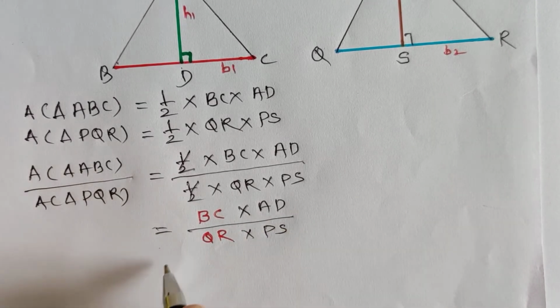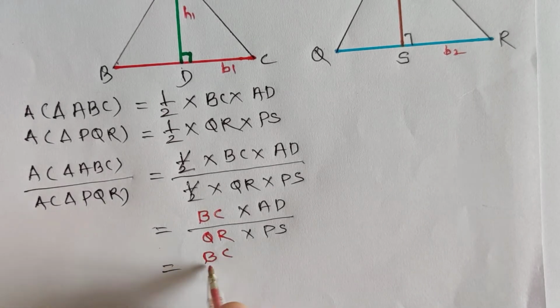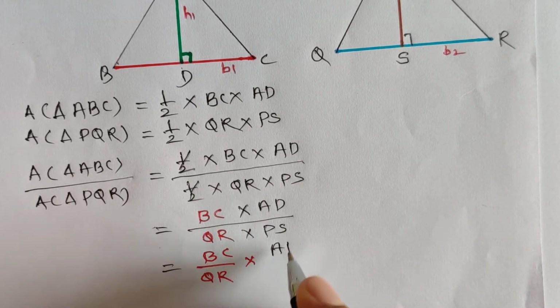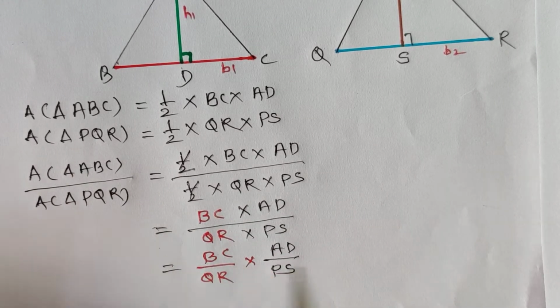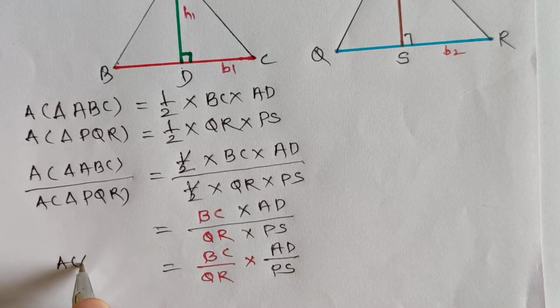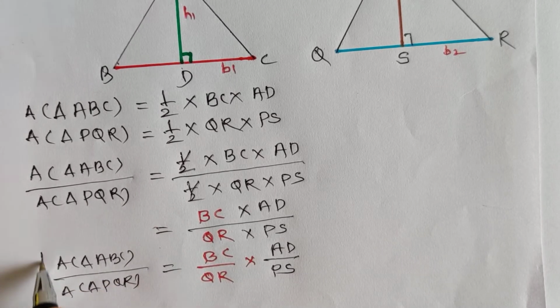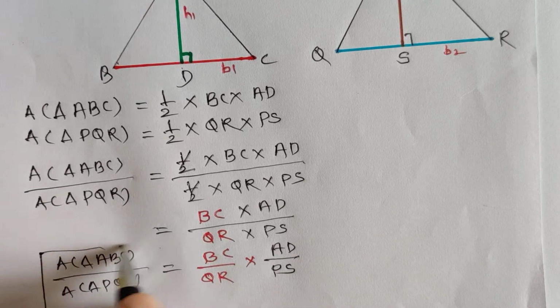We can write this as BC upon QR into AD upon PS, and the left hand side is area of triangle ABC upon area of triangle PQR. So what is our first property? This is our first property.